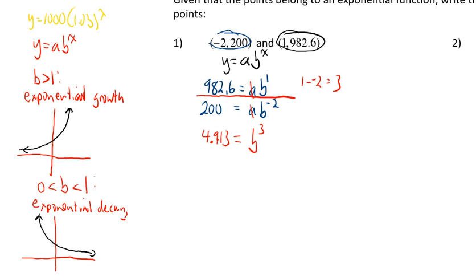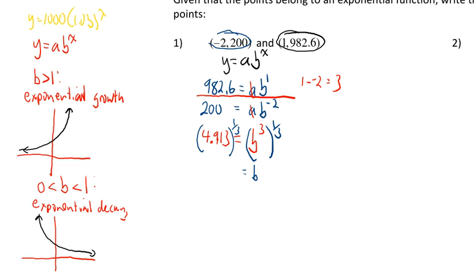Here's another way of thinking about it. I can use an exponent to cancel an exponent. If I raise both sides to the 1/3 power, I'll get b by itself. Because when I raise a power to a power, I multiply exponents. 3 times 1/3 is 1. So I get b to the first power.